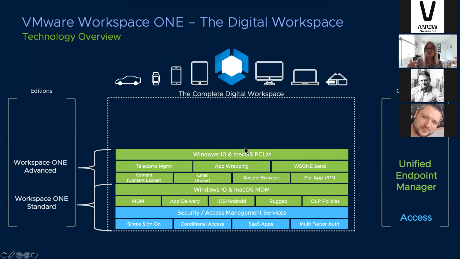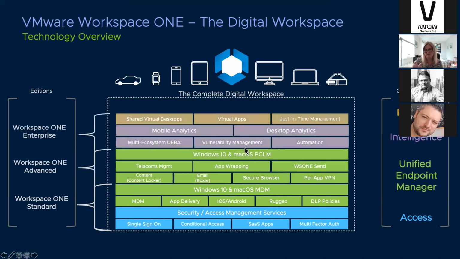And if you want to build upon that and have proper PC lifecycle management for Windows 10 and Mac, then you would need to go on to Workspace ONE Advanced, where some of these features are built in, where you can have some of the more developed features for this part. And then obviously you'll have Workspace ONE Enterprise, where you can look at shared virtual desktops, and you'll have the analytics for mobile and desktop, automation, intelligence, and vulnerability management that comes into this.